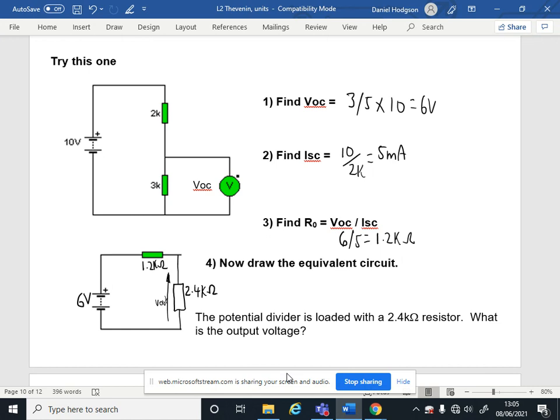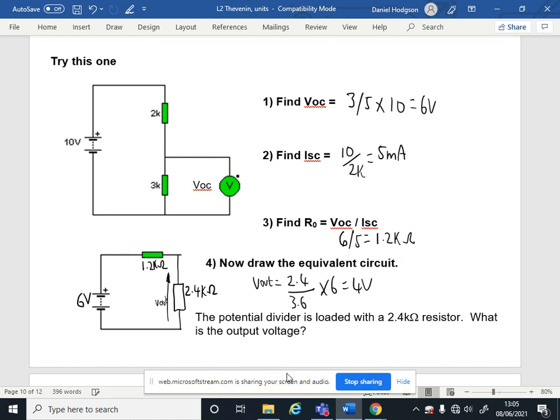So it's basically 2.4 lots of 3.6, because that's the total resistance, adding them together. It's basically the same as step 1, times your 6. I could do that in my head. It's going to be 4 volts.